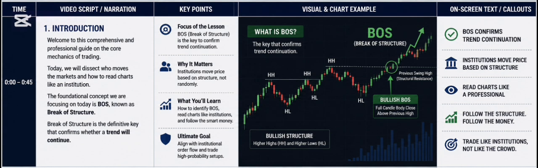Once you accurately identify the swings, you know exactly where institutional liquidity rests. A break of structure acts as absolute validation that the dominant order flow remains active. Let us dive deep into the mechanical definition of break of structure and how it prints on a chart.